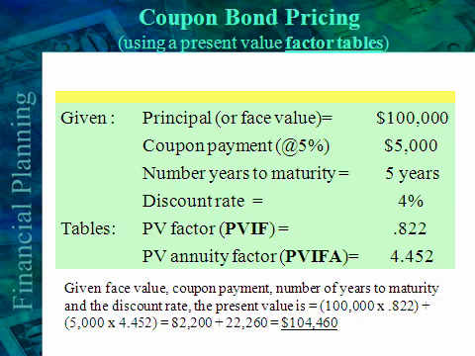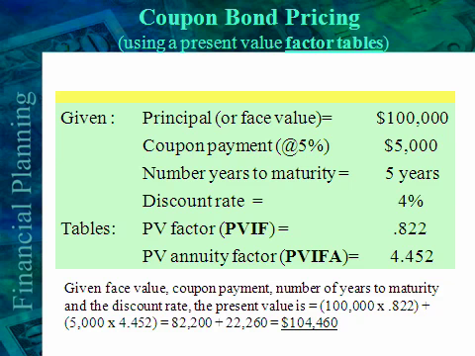Therefore, you can expect to receive $5,000 at the end of years 1 through 5, i.e. $100,000 face times the 5% coupon rate is equal to $5,000. So, the answer to this problem involves adding the present value of the return of principal payment to the present value of the annuity stream.